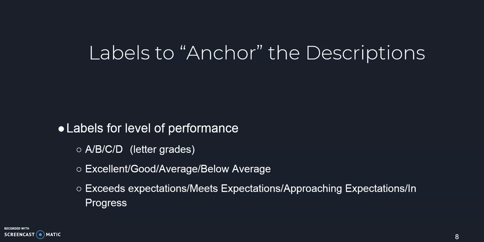What would good, average, below average be? Or whatever descriptor words you want to use. Maybe you want to use exceeds, meets, or approaching expectations, and in progress, right? So maybe you want to differentiate, okay, here's meeting expectations, here's what it would be, here's the description of a student performance that's just almost there, approaching expectations.